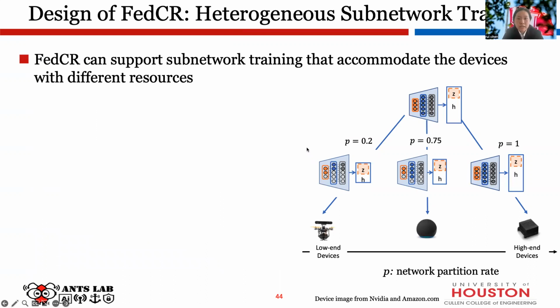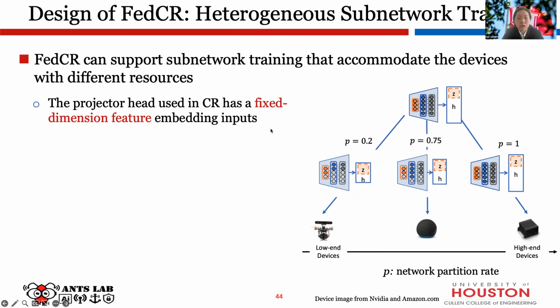And here, unlike the gradient correction scheme I introduced before, our proposed method can support subnetwork training to accommodate devices with different resources. Specifically, since our contrastive regularization is only performed on the output of the projection head, the devices can select different architectures of the feature extractors to fit their device requirements.